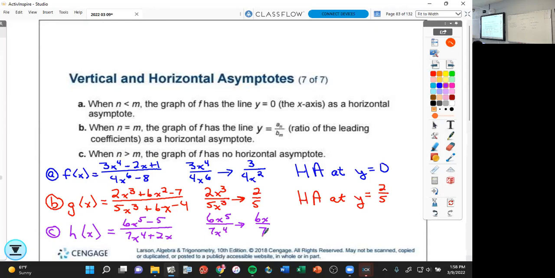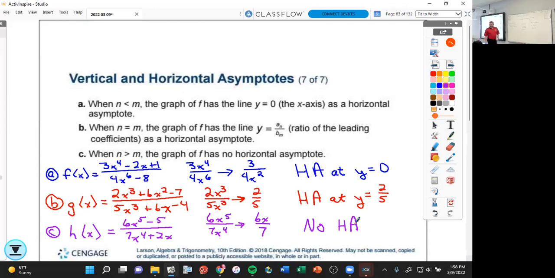It's either going to positive infinity or negative infinity. When this happens, no horizontal asymptote. If the degree in the top is bigger, no horizontal asymptote. Folks, those are the only 3 things that can happen. Nothing else can happen.